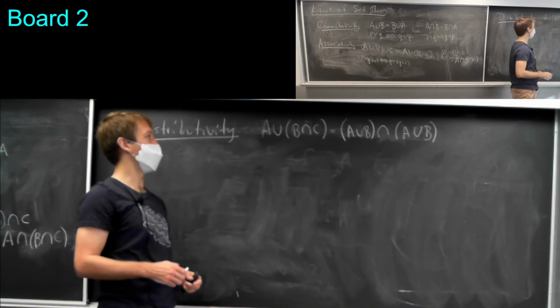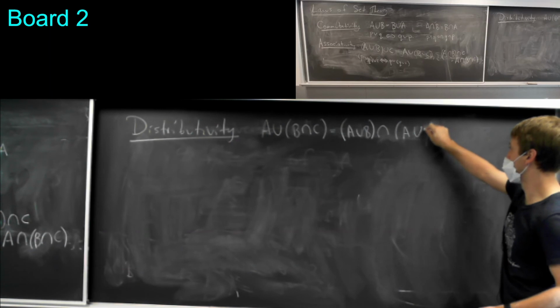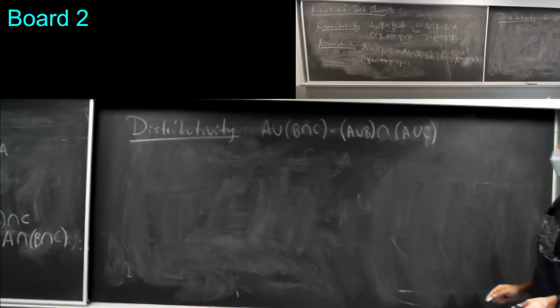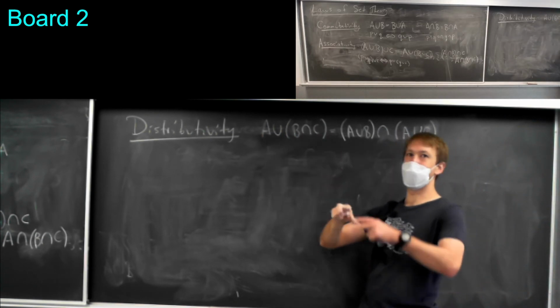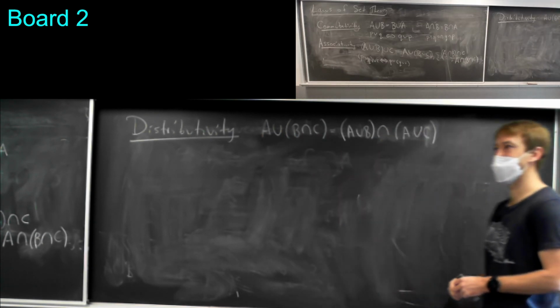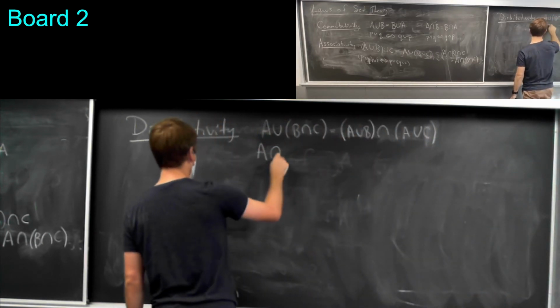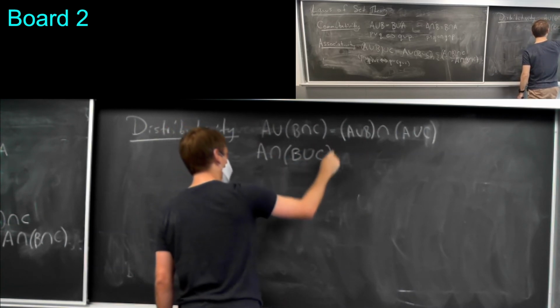Indeed. So this A should go on the B, and it should go on the C, and there's an intersect between them. And then you have a second distributivity law, which is the same, but everything is upside down, like all the connectives are upside down.